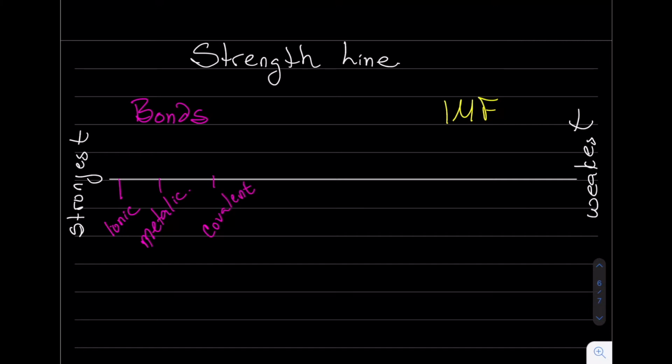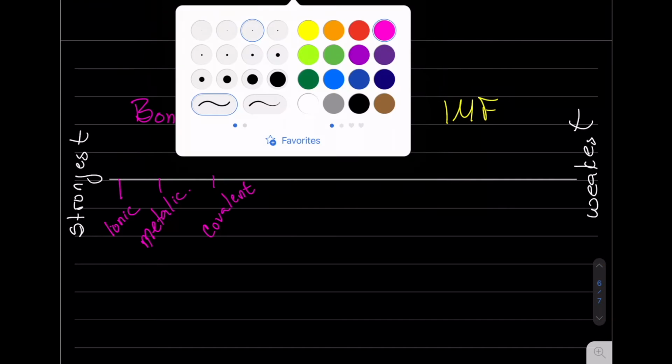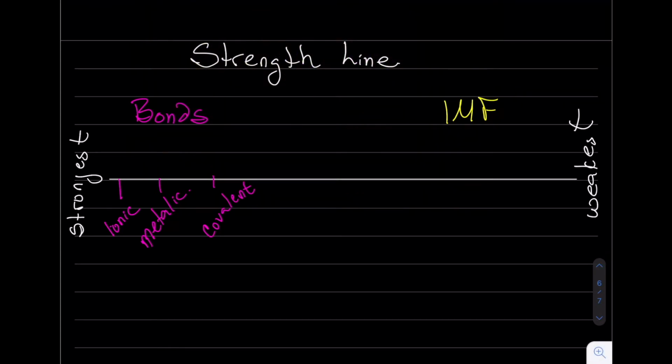And then we go to IMFs. And for us, when we're talking about IMFs, it's the covalent bonds that are going to be participating in the IMFs. All right, so the strongest of the IMFs is the hydrogen bond. And for us, that's only going to pertain to water, okay? It's the special one. And then our next one would be polar.